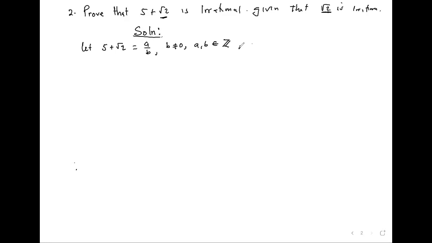And then A, B do not have any common factor. We want them not to have any common factor, because that's where the argument is. If you leave out that part, you have nothing to prove.